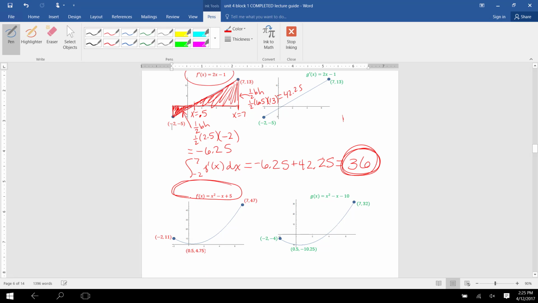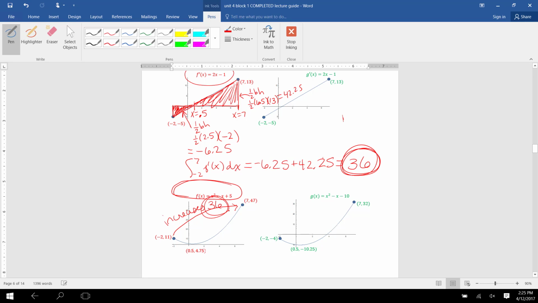On the graph of f of x, I have labeled here the point x is -2, y is 11, and this other point x is 7, y is 47. Notice from x is -2 to x is 7, f of x increases 36 units.